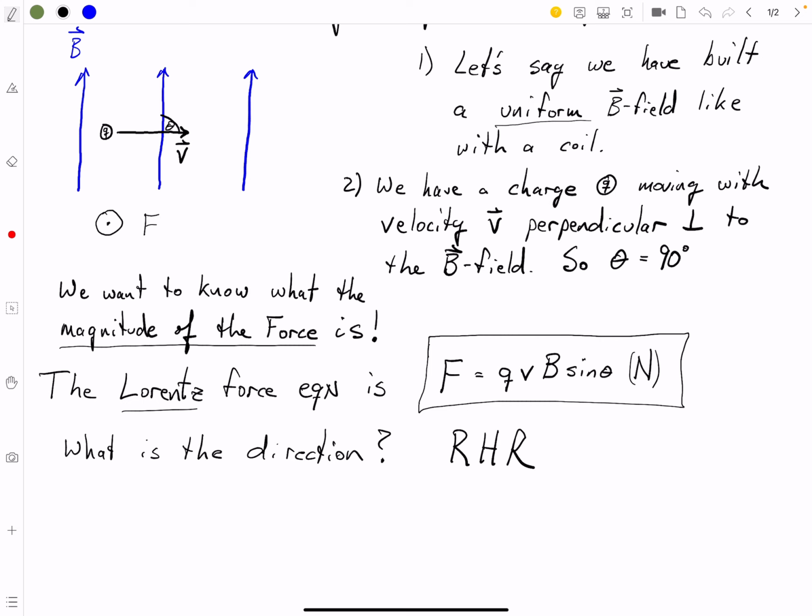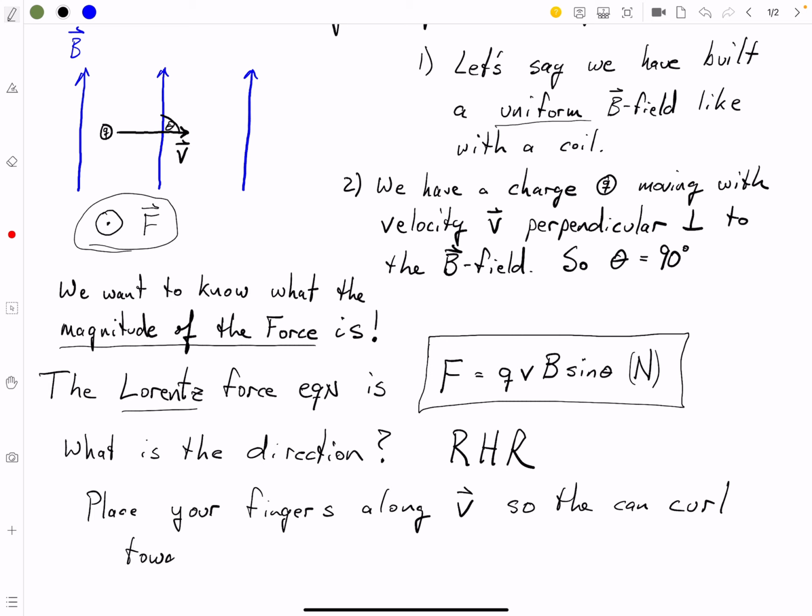Place your fingers along V so they can curl toward B. So if B was pointing down, you'd want to have your fingers in a way where you could curl them toward B. But B is going up, so you put your fingers so they can curl towards B upward.